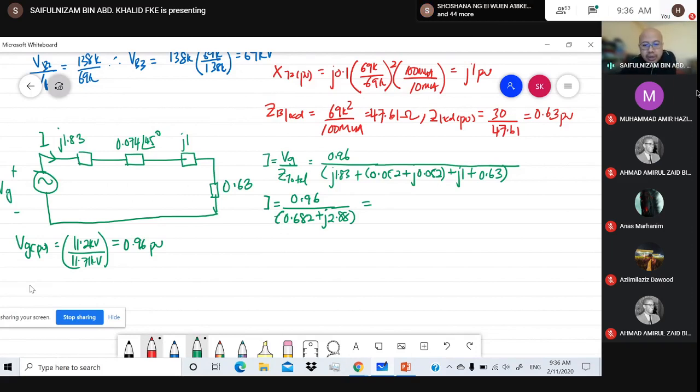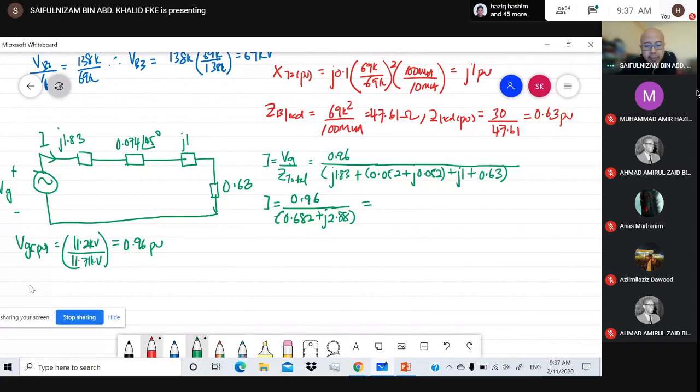In a test or in your exam, it is better to change to the suitable form. For example, this is a division, so you have to change this rectangular into polar. Then you can divide the magnitudes, and for the angle, the upper part minus the lower part. So what's the final answer?